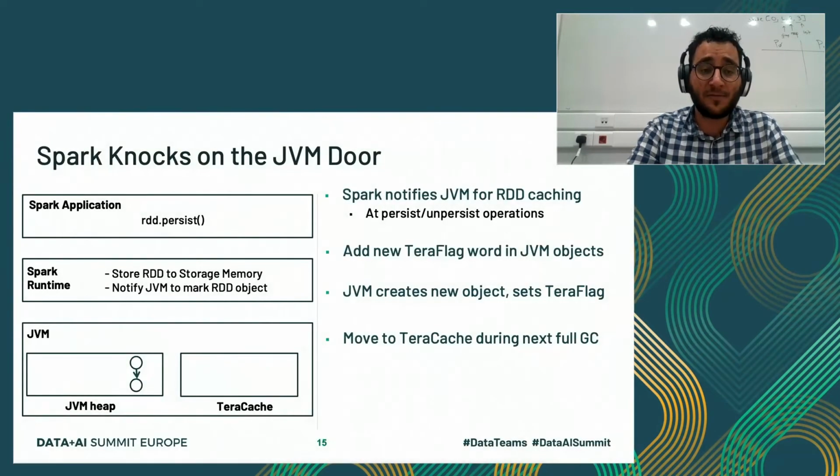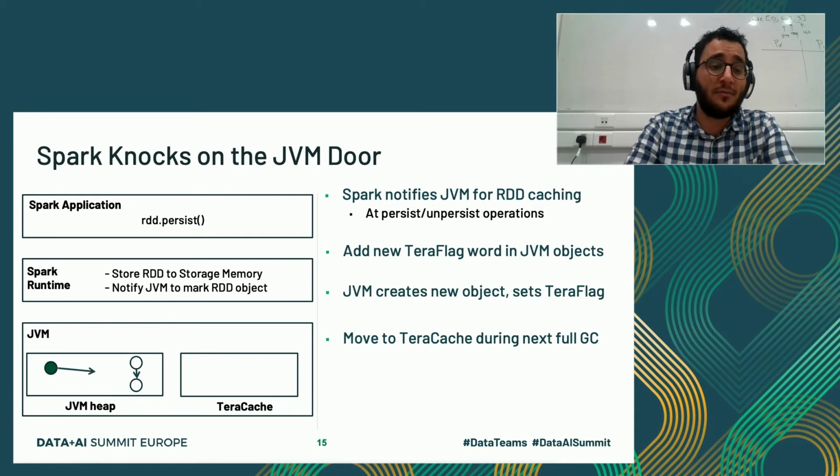As a result, we know which objects need to be transferred to TeraCache in the next full garbage collection. So, as we show in the example here, a new object is created in the JVM heap. Then we mark this object, and then we also mark the children of this object. And then in the next full GC, we move this object to TeraCache.